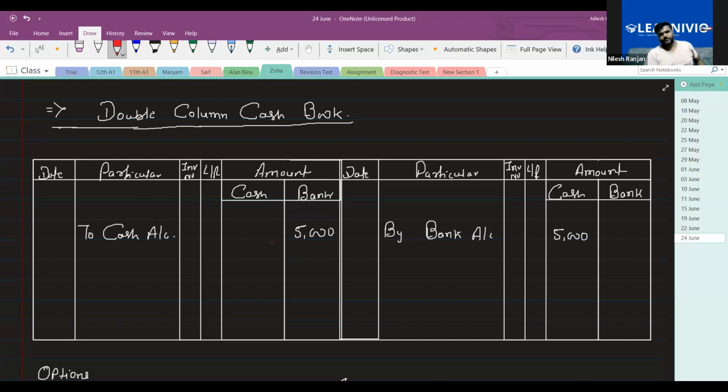I'll try to solve a couple of questions in double column too to get an idea. No, you don't need to, but if you want, yes, you can do it. I'll try at least. Okay.